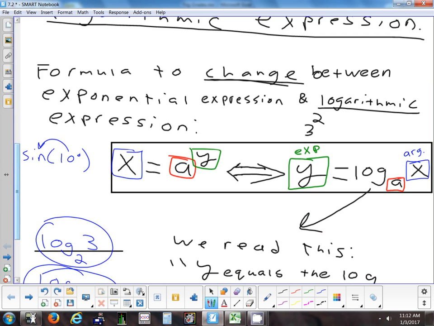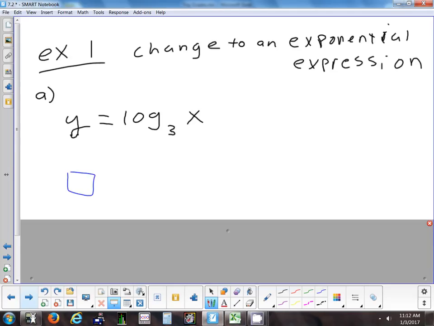There's a base, there's an exponent, and then there's something that goes on the other side by itself. So when we're done, those three boxes should be filled in. We just have to figure out where the three things in our problem, the 3, the x, and the y, go in these boxes.